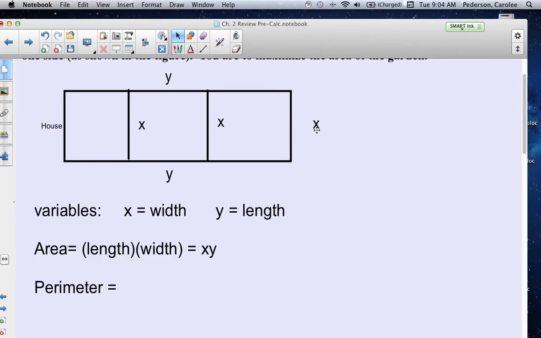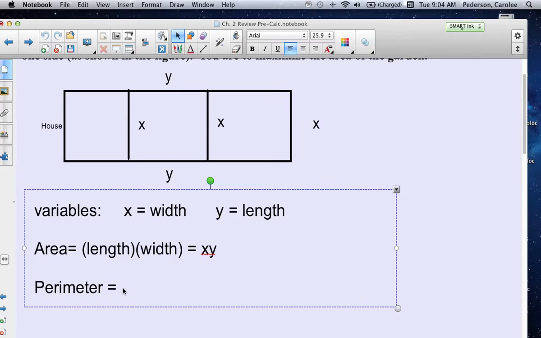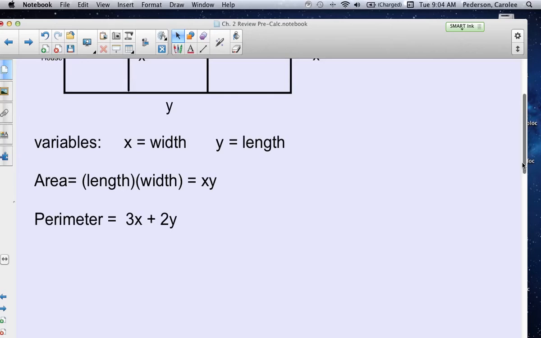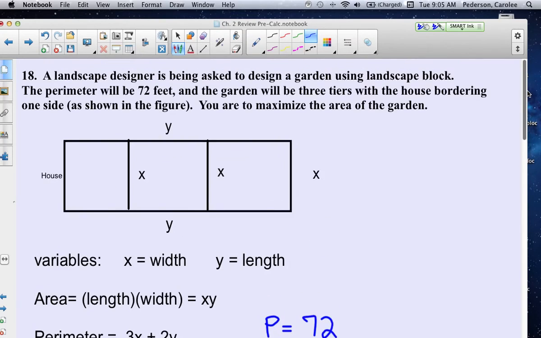So perimeter is going to equal... So if you remember the word problem where we started with what we were given, the perimeter was 72 feet.